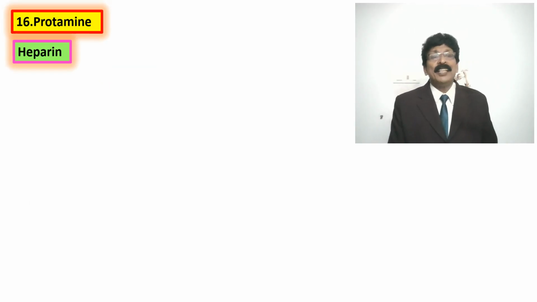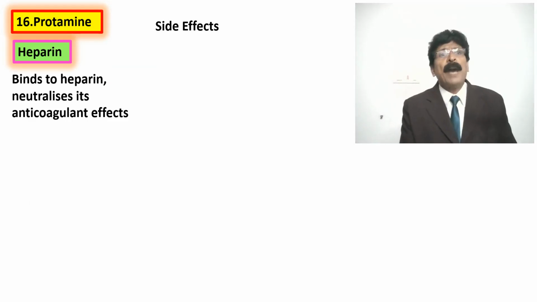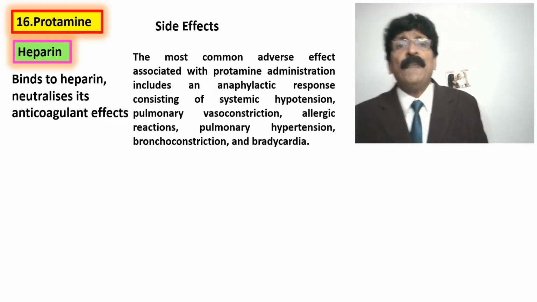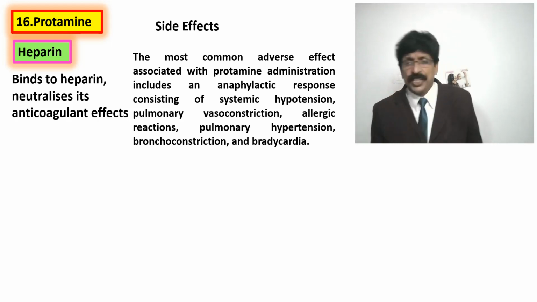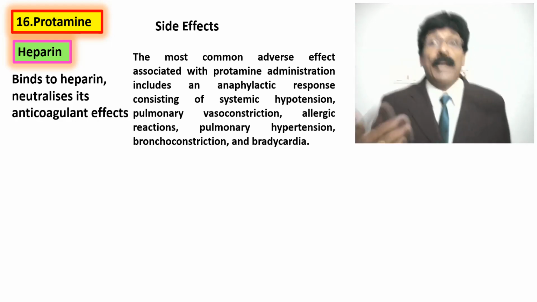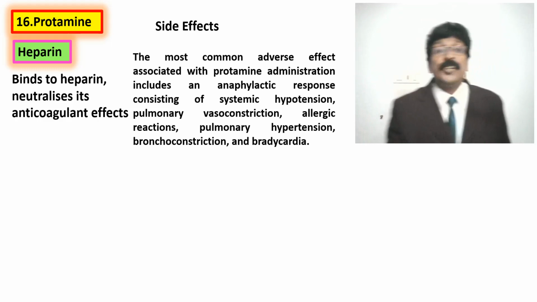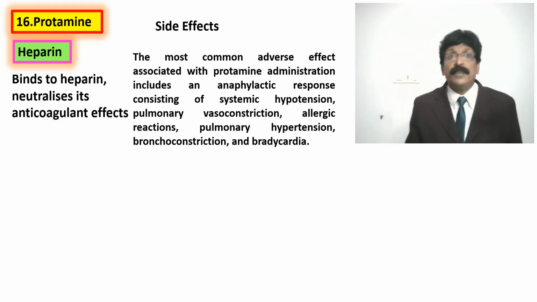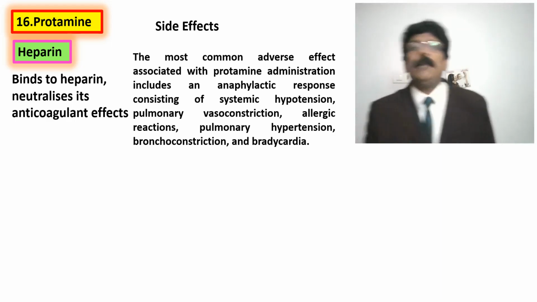Protamine is used for heparin poisoning. It binds to heparin and neutralizes its anticoagulant effect. Side effect: the most common adverse effect associated with protamine administration is an anaphylactic response, allergic, anaphylactic shock-like, consisting of systemic hypotension, pulmonary vasoconstriction, allergic reaction, pulmonary hypertension, bronchoconstriction and bradycardia.